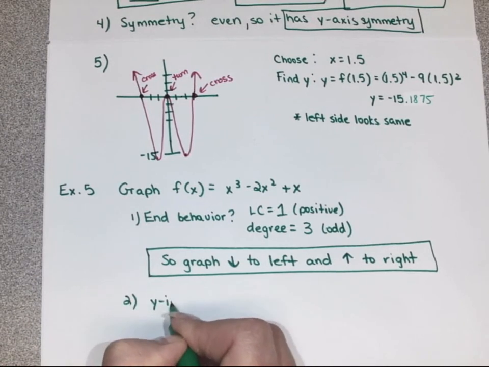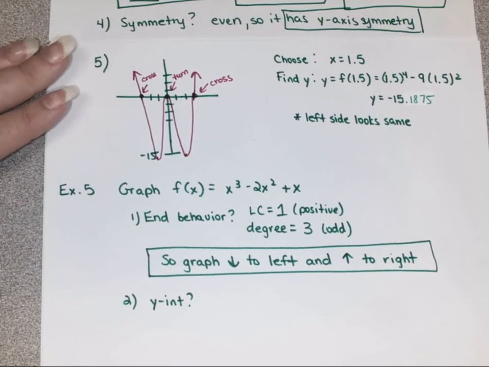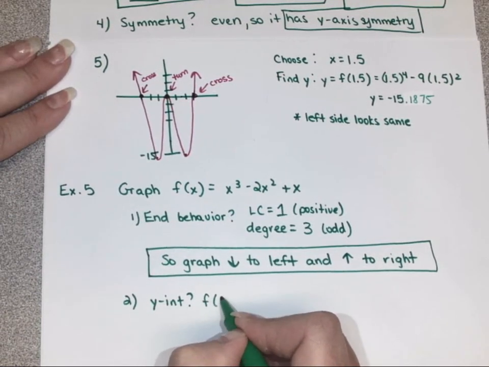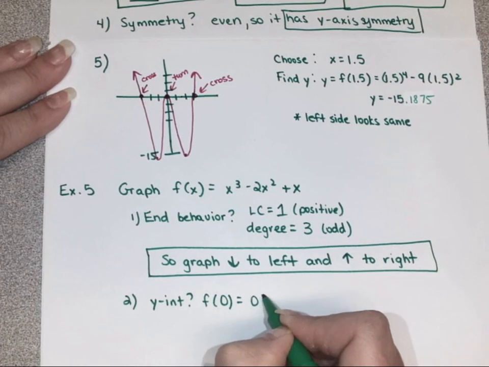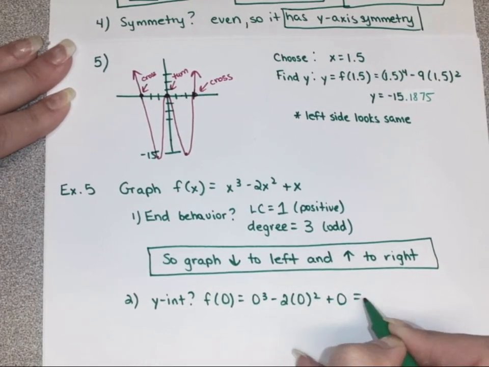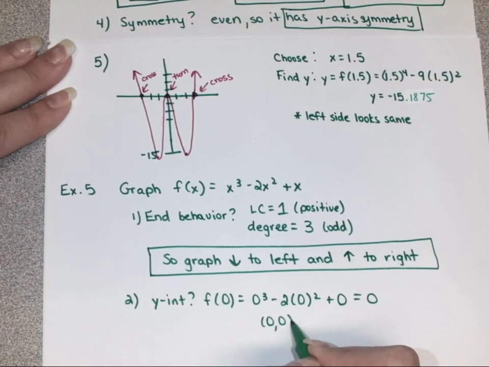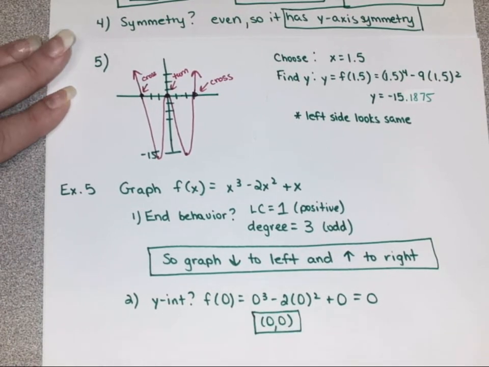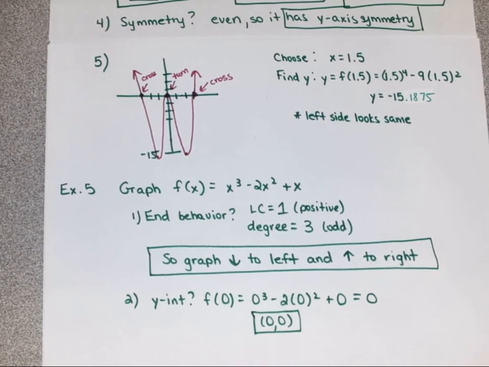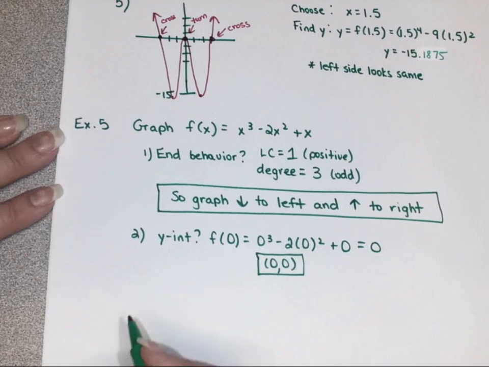So number 2, what's the Y-intercept? Again, that's usually pretty simple to find. It's a lot harder to do the X-intercepts. So 0 cubed minus 2 times 0 squared plus 0 is just a big fat 0. It's not very interesting, but 0, 0 is a pretty common point for it to cross through, so expect to see that fairly regularly.